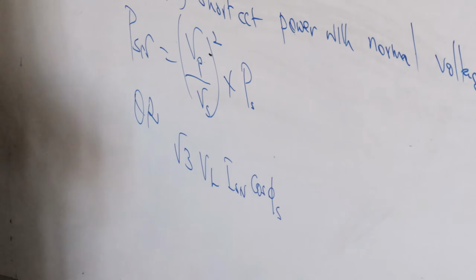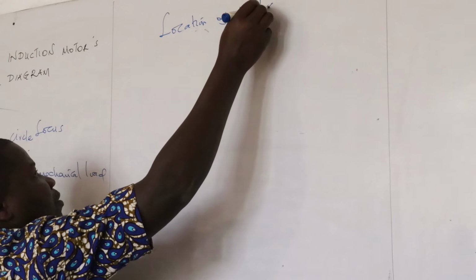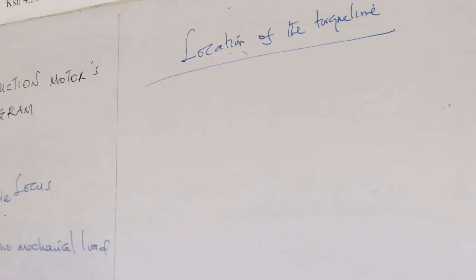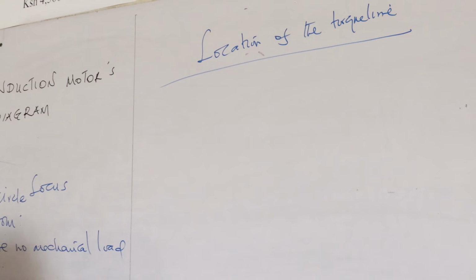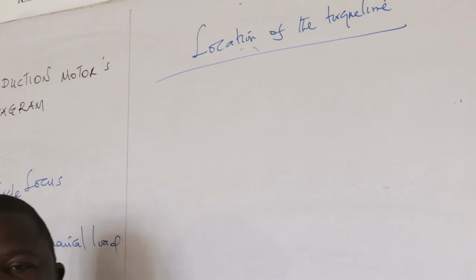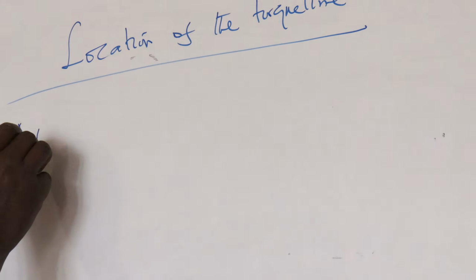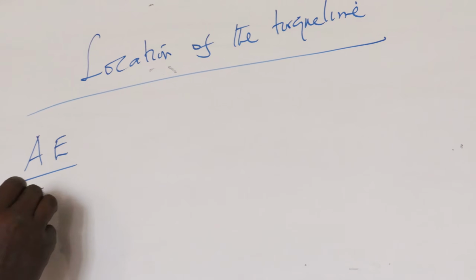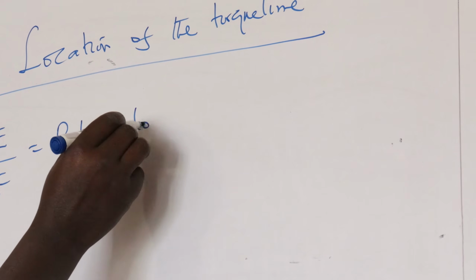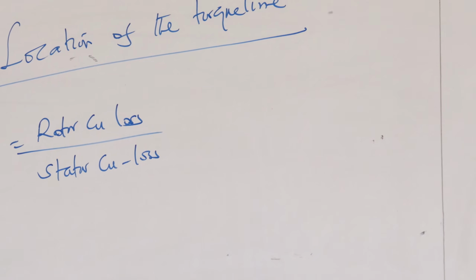And then the location of the torque line. I'll use some letters, A to E. E to F is equal to rotor copper loss over stator copper loss.